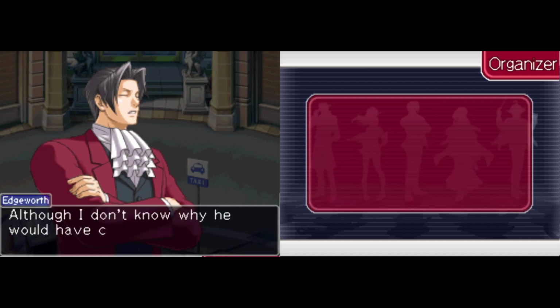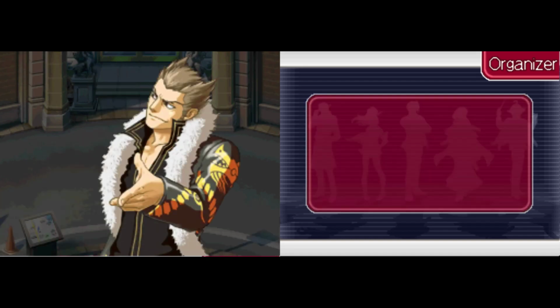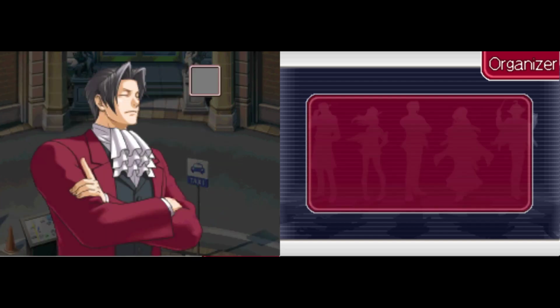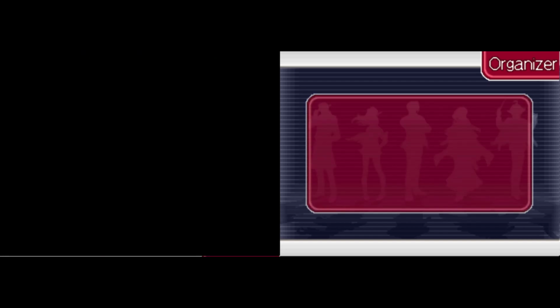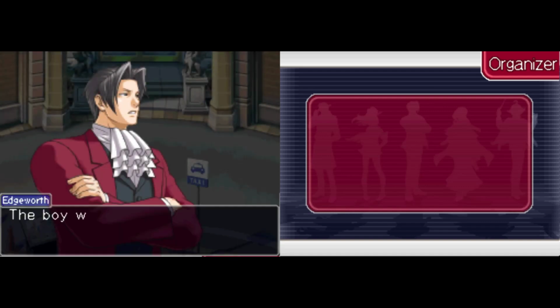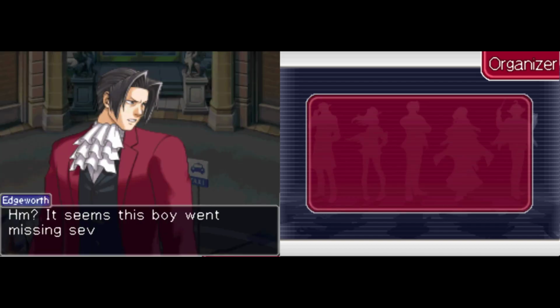Although I don't know why he would have concealed it. Agent Lang, might I be able to see the details of the fire? Yeah, sure. Allow me to read it post-haste. The boy who started the fire snuck out of bed on the night of the incident. It seems this boy went missing several days later.